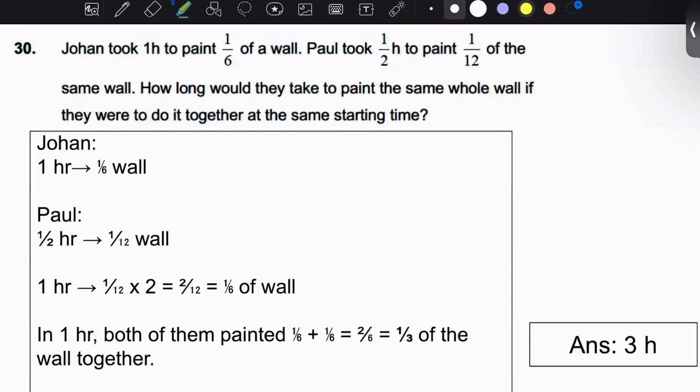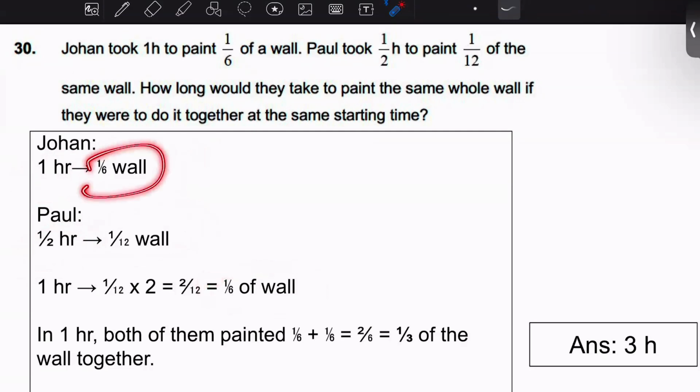Okay, so let's list down whatever we know from the question. We know that Johan takes 1 hour to paint 1/6 of the wall. Paul takes half an hour to paint 1/12 of the wall. So how long does Paul take to paint the same amount of wall? 1/12 times 2, you get 2/12, which is 1/6 of the wall.